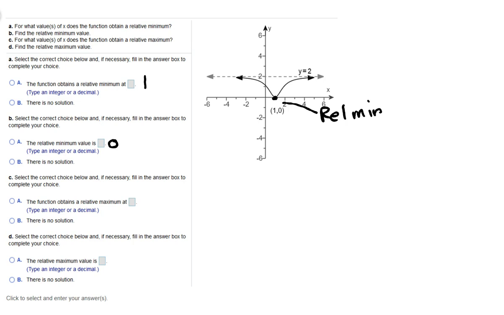Okay, for the next one, it says select the correct choice, fill in the answer box. The function obtains a relative maximum at, I said there is no maximum on this picture, so we're going to fill in there's no solution. And since there is no maximum, there is no relative maximum value.